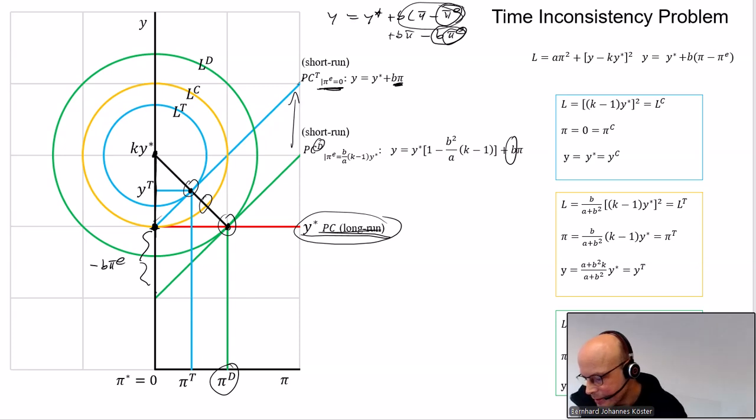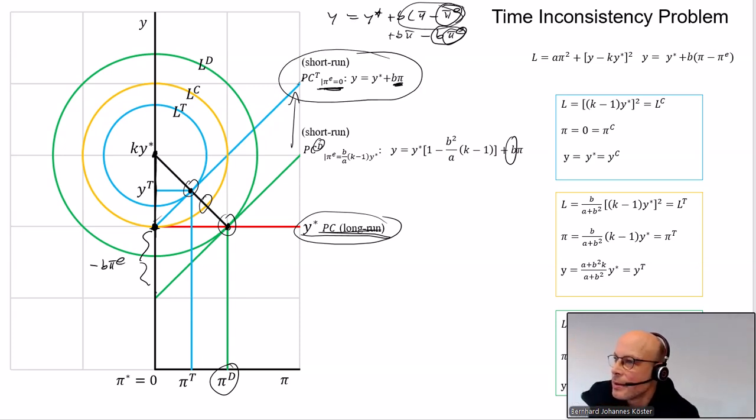But unfortunately, this short run analytically calculated possibility is not very relevant in practice, because maybe one time the public can be surprised, but not in the long run.